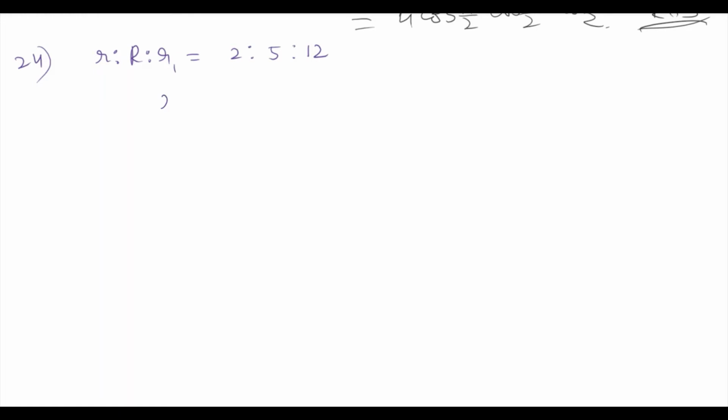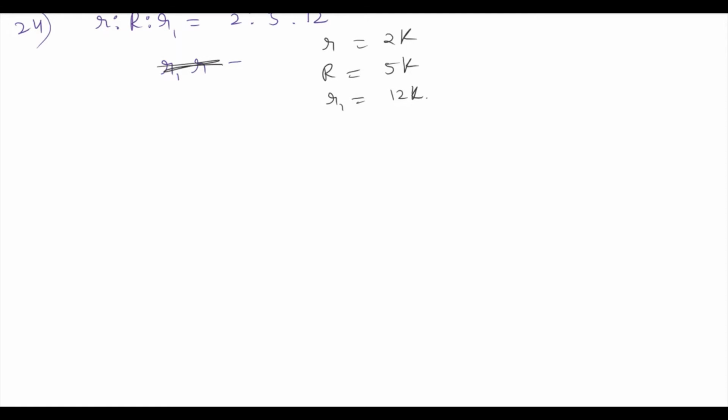If I take R1 minus r, so before this what we do is, let r equal 2k, capital R equals 5k and R1 equals 12k. K is some constant here.